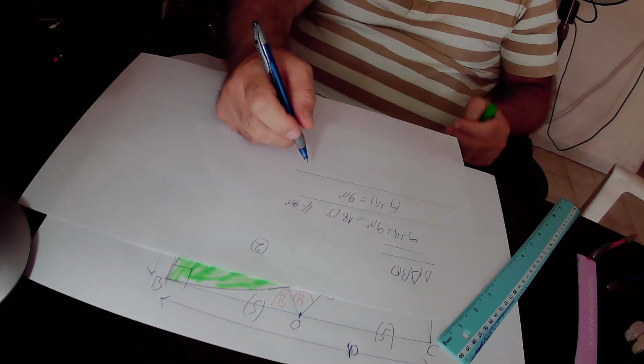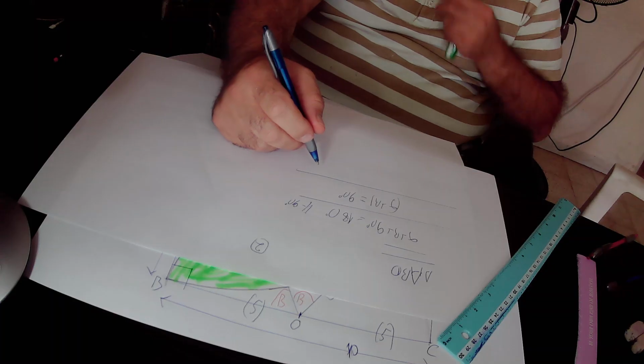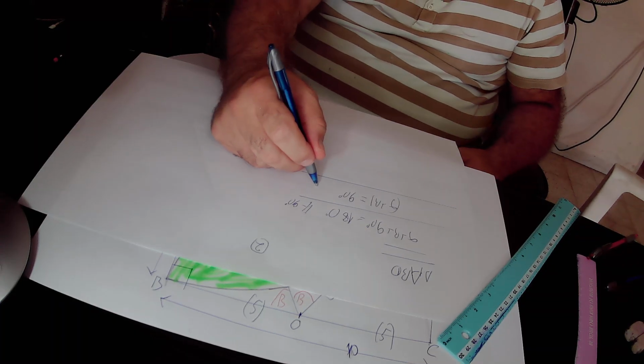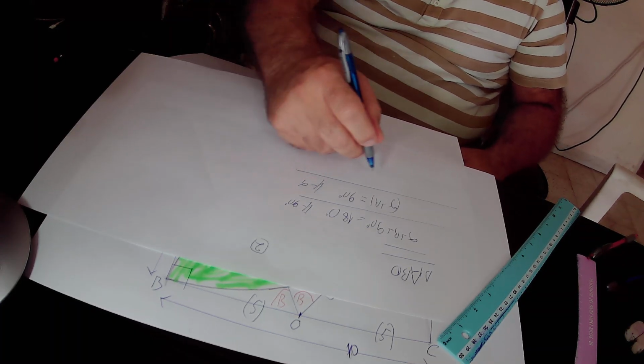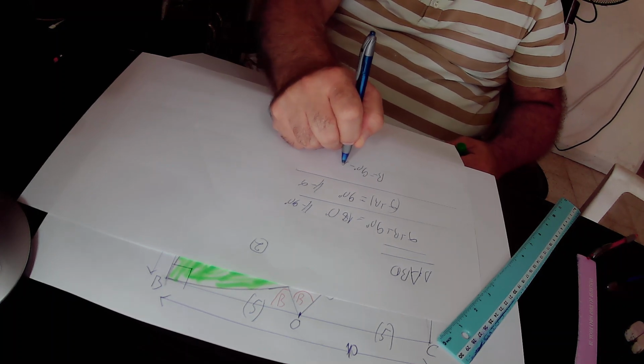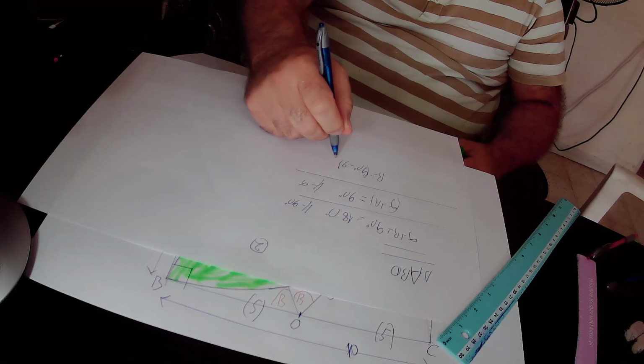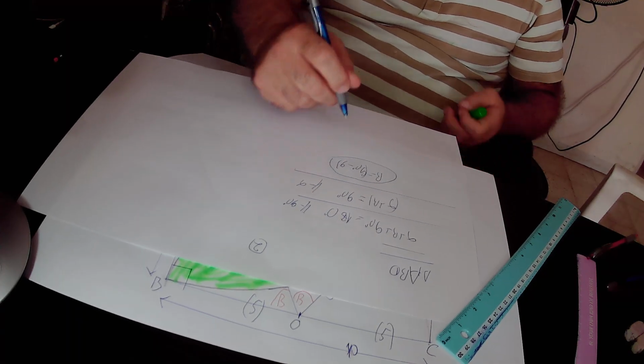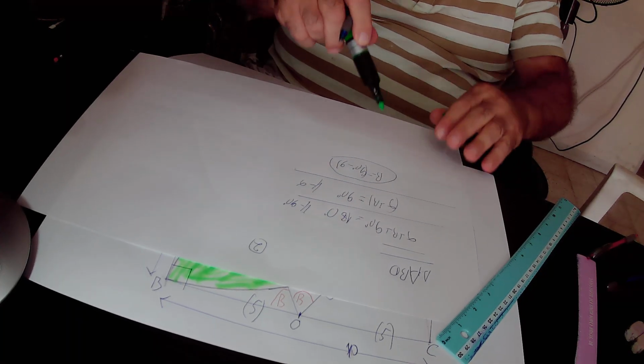Here we subtract alpha from this equation, and we get that beta equals 90 degrees minus alpha.